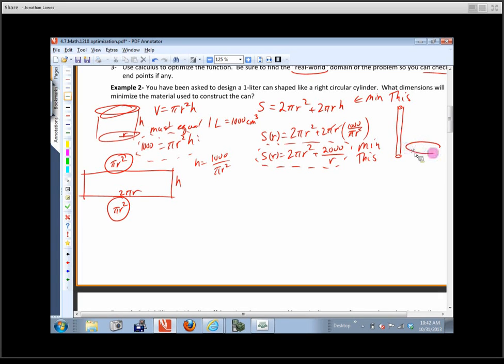Because if I made this really big, put a top and a bottom circle on this, in order to contain a liter of liquid, it's going to be gigantic. It's going to spread out. It's not going to be very tall. So the bigger I make the radius, the smaller the height has to be. The smaller I make the radius, the bigger the height has to be. So we certainly don't include 0, but theoretically, you could make that as big a radius as you want.